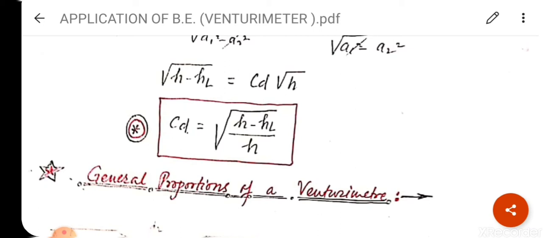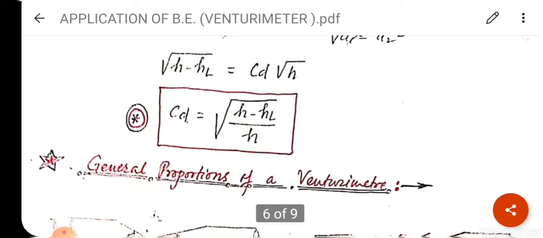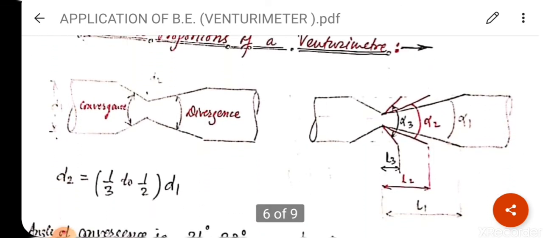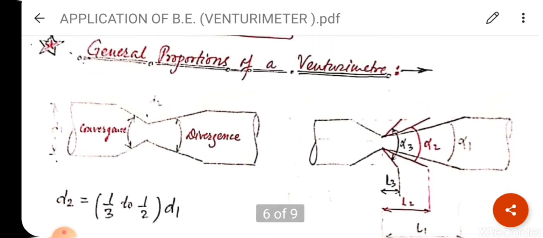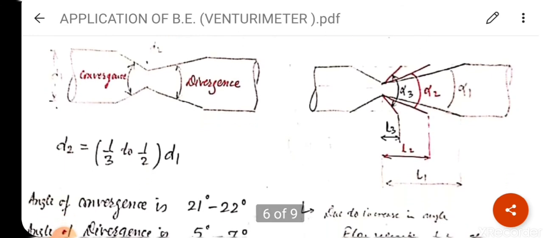Now we will discuss the general proportions of a venturimeter: how much angle and how much length the venturimeter should have. This is the diagram of a venturimeter. See the left side diagram: D1 is the diameter of the pipe, from where there is a converging section, which I have shown with the arrow. D2 is the throat diameter.